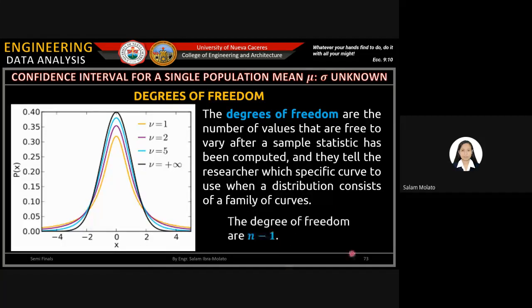So to get the degrees of freedom, you just need to know the number of the sample, or the number na kino-consider natin, minus 1. So maminusan mo lang ng 1. Okay? All right.